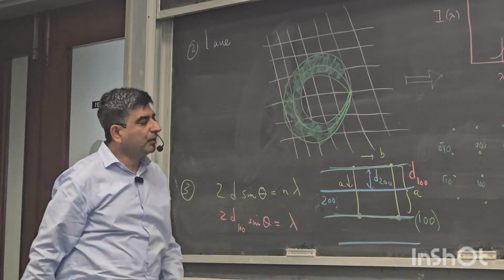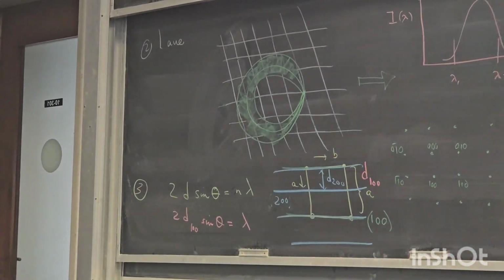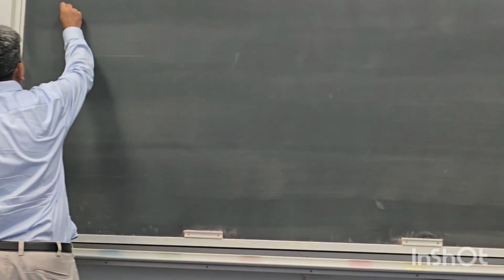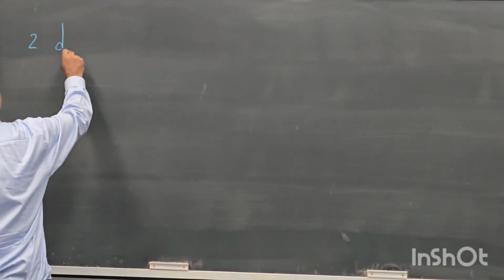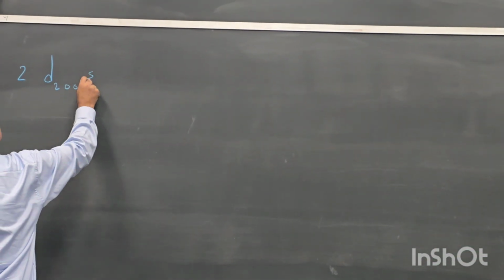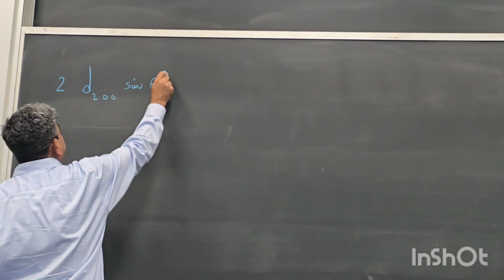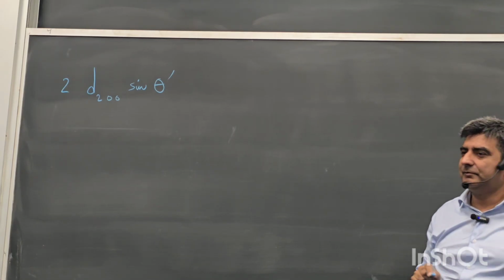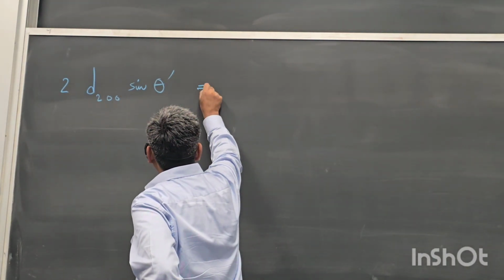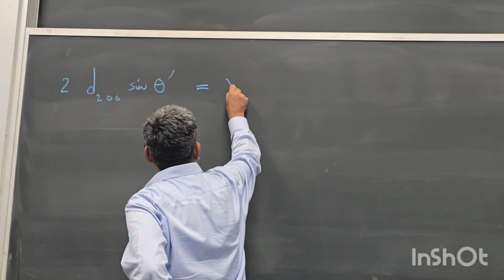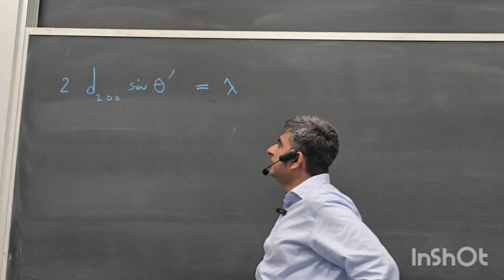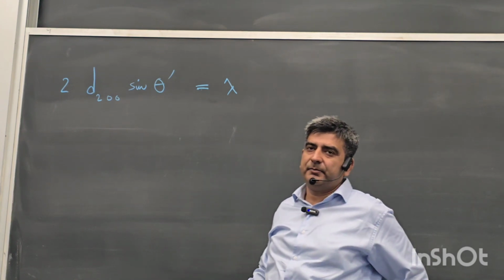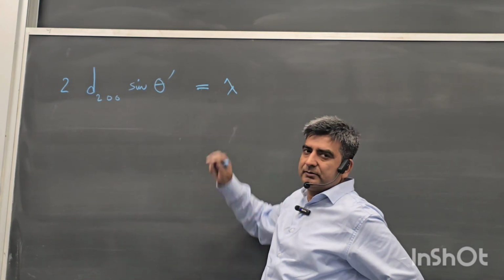If I were to write the Bragg formula, 2d 2, 0, 0 sine of some other theta, theta prime, equals lambda, I consider the first order reflection from the 2, 0, 0 plane, because I put n equals 1.